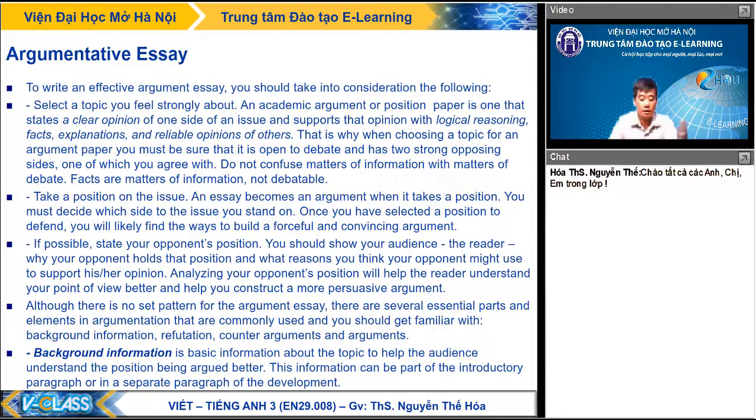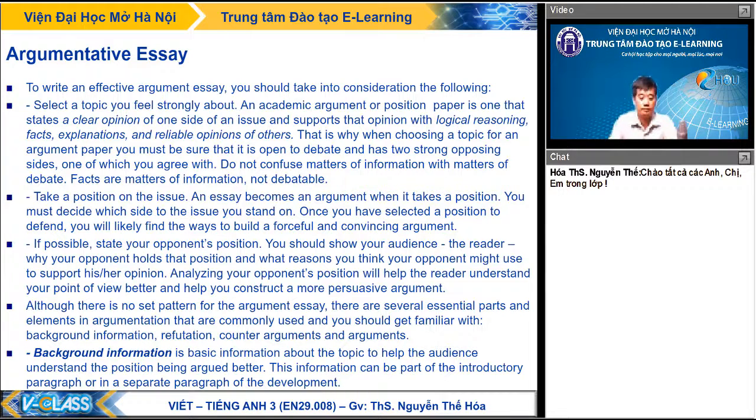It means that you have to try to find down the clear opinion. You have to try to get the logical reasoning, the logical facts. You try to find out the reasonable explanation and reliable opinion.